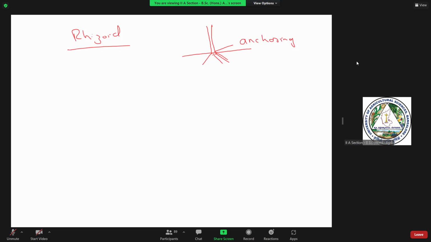They also help in absorption of nutrition because they are in contact with the host. So there are two major roles of the rhizoid. One, they are root-like filamentous outgrowths. Two, they serve as an anchoring agent or attachment to the surface, and they also help absorption of nutrients since they are attached to the host surface. Okay.